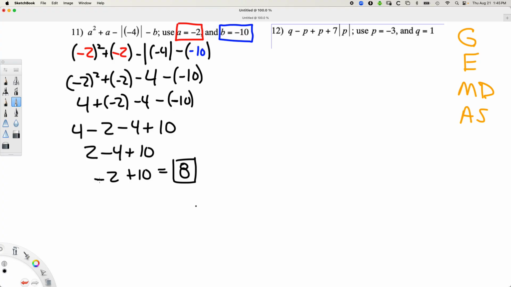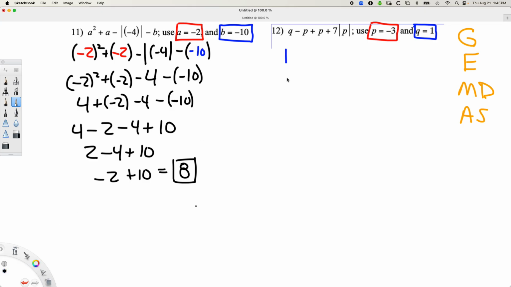The final problem of this set, again, has variables in it. In this case, we have p is equal to negative 3, and we have q, which is equal to 1. So I'm going to go through and rewrite this equation here, but every time I see a q, I'm going to put in a 1.